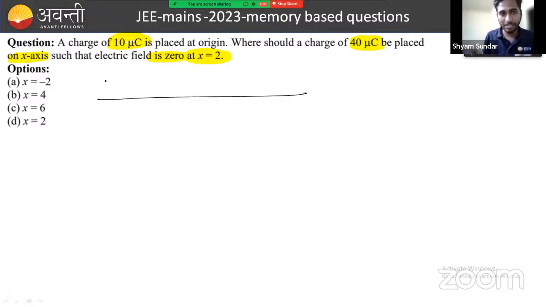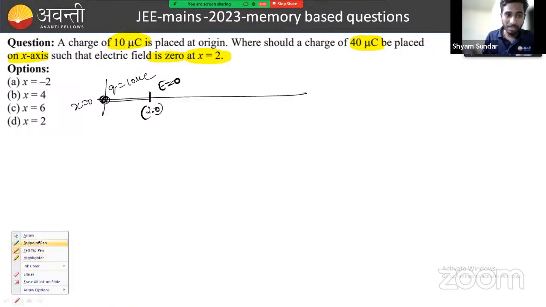Look at here. They're saying this is at x equals 0, and at this point they kept a charge of 10 microcoulomb. The point 2 comma 0 is where the electric field intensity should be 0.